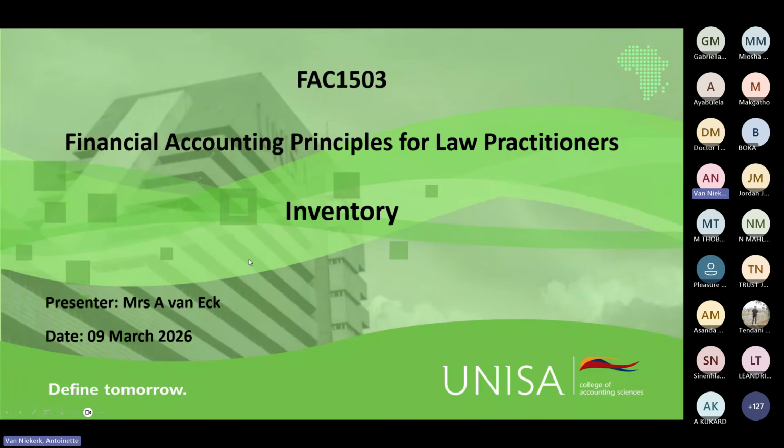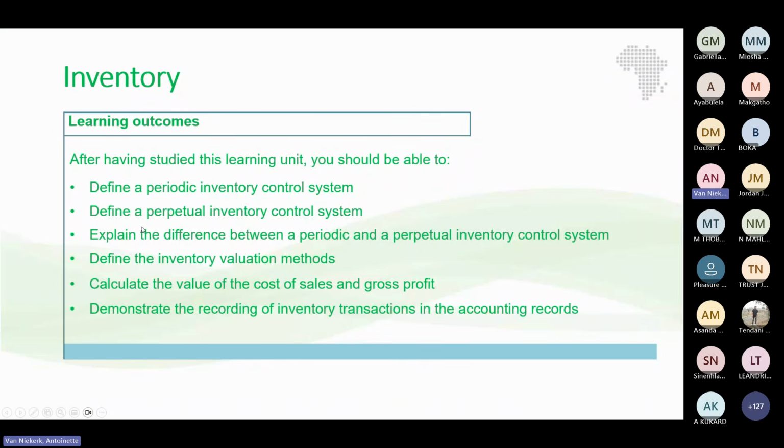Now we are going to do the inventory systems tonight. In each learning unit, you will find the learning outcomes at the beginning. Learning unit 3 contains four different topics: your inventory, your depreciation, your VAT, and your bank reconciliation.